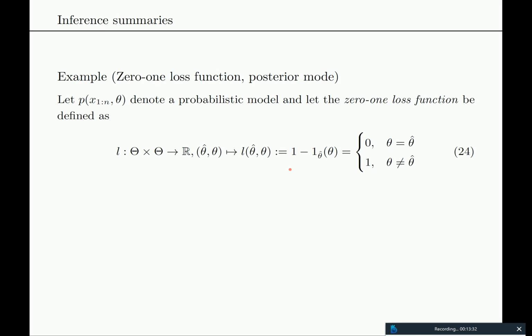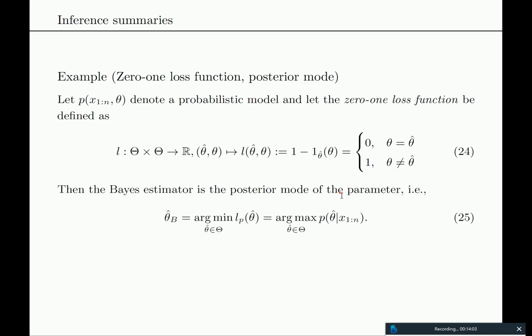So if you don't estimate the true but unknown value correctly with your point estimate, you have a loss of 1. Otherwise, you have a loss of 0. And this is encoded here. So this is the indicator function. If theta hat equals theta, then you have 1, and hence you need 1 minus this to get 0 loss if they are the same, because you don't want to have any loss if you're doing it correctly, and 1 if you're not doing it correctly.